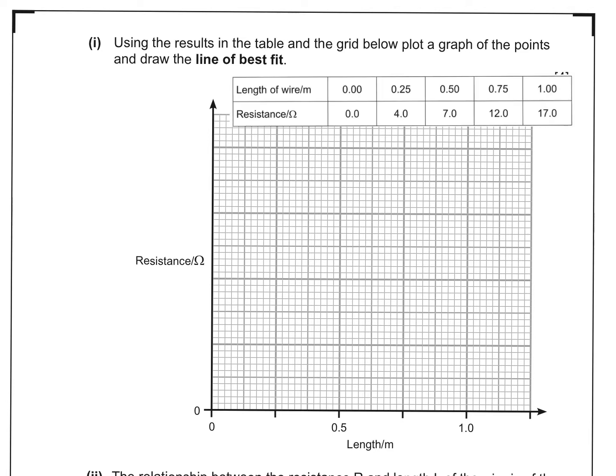I brought back the table of results and you can see we need to get at least to 17. The length axis has already been marked out for us, so we need to figure out a scale for this. Probably the most obvious resistance scale would be 5, 10, 15, 20, and that will cover us all the way up to 17.